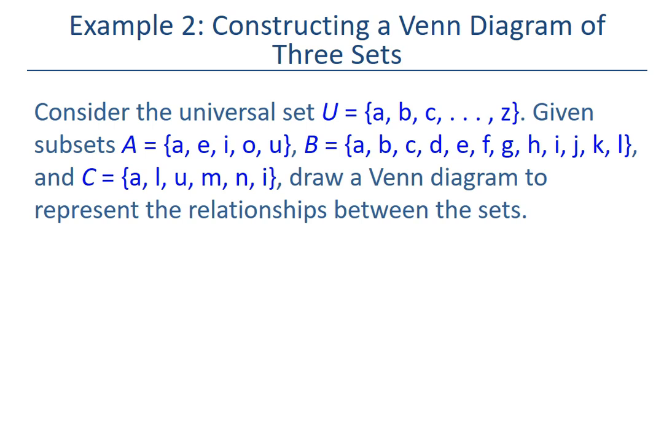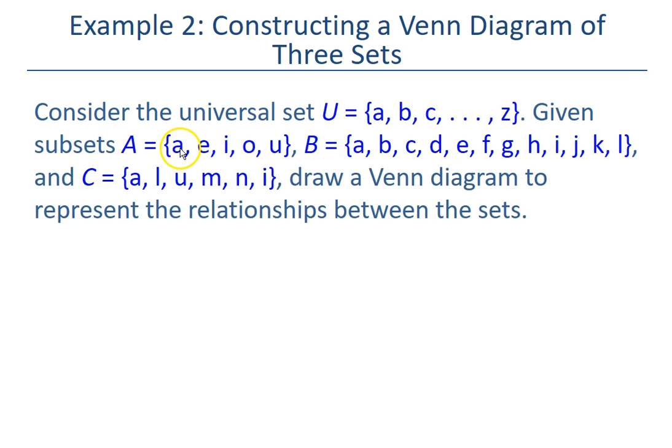Okay, what I did for this one, for example 2, they want us to construct a Venn diagram of 3 sets. They're giving the universe as all the letters of the alphabet.